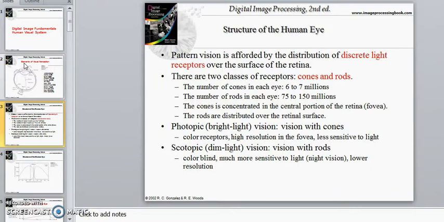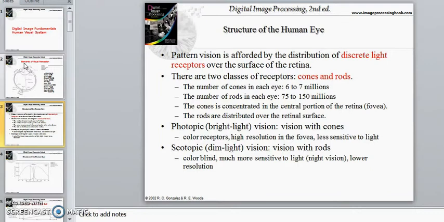The fovea is the area of the retina where our vision is sharpest. There are much fewer cones, about 6 to 7 million, which are mainly located around the fovea, but can be found in low density in the entire retina.